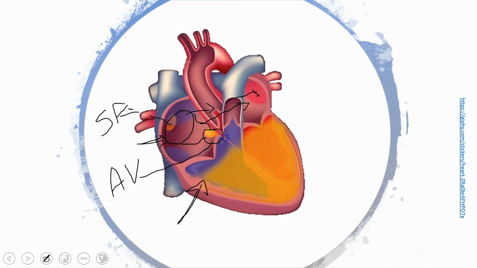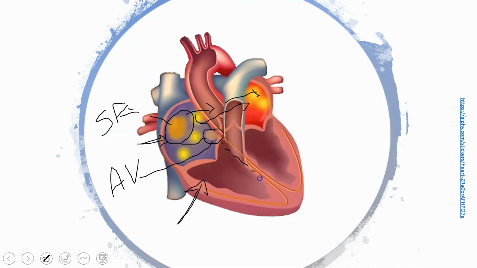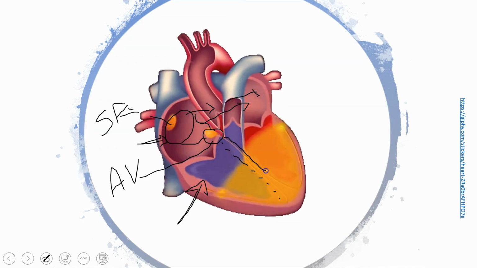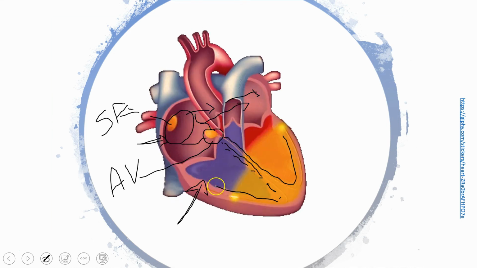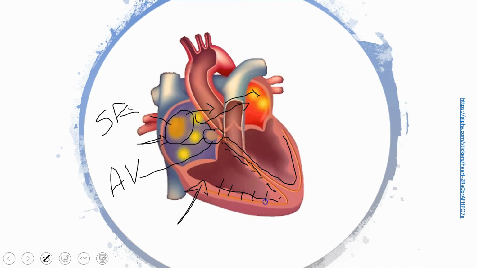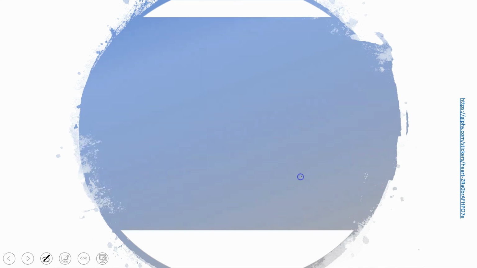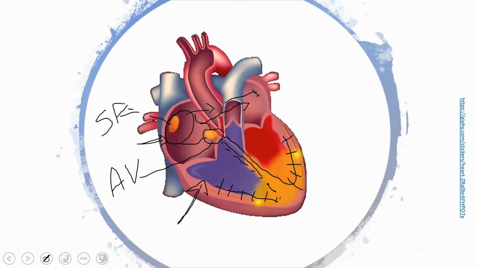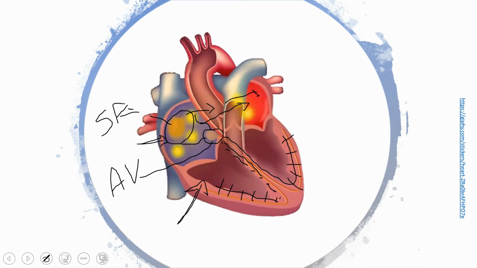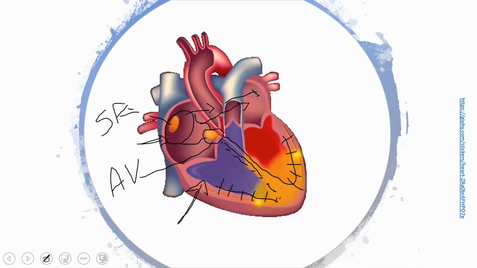Whatever it may be, it then sends that impulse, and it comes down on both the right and the left, and it branches out. These are going to be known as the Purkinje fibers, and these Purkinje fibers are now going to activate the ventricles. And this is how the electrical conduction system is working in the heart.